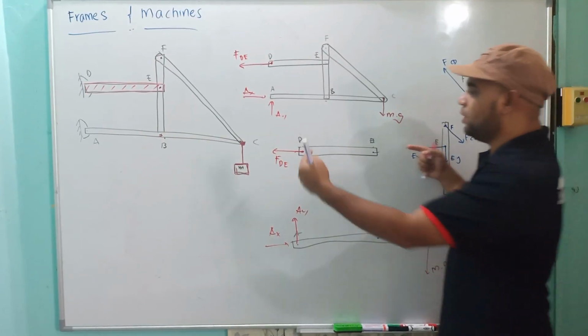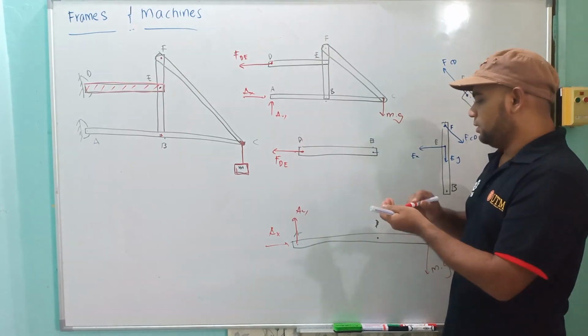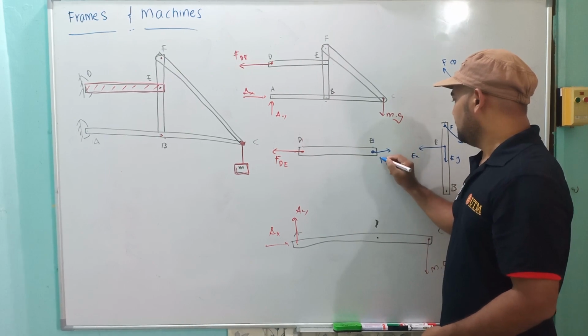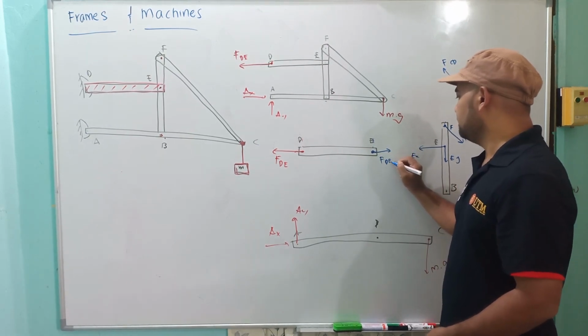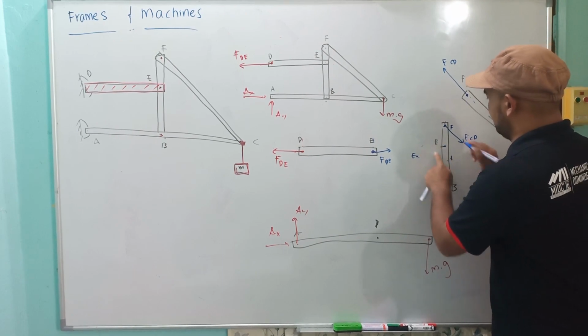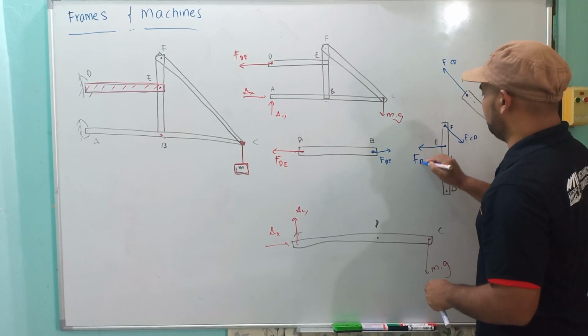If you put it inward, both inward. If you put it outward, both must be outward. So here you must have FDE. Okay, because of this here also we have, sorry, FDE.